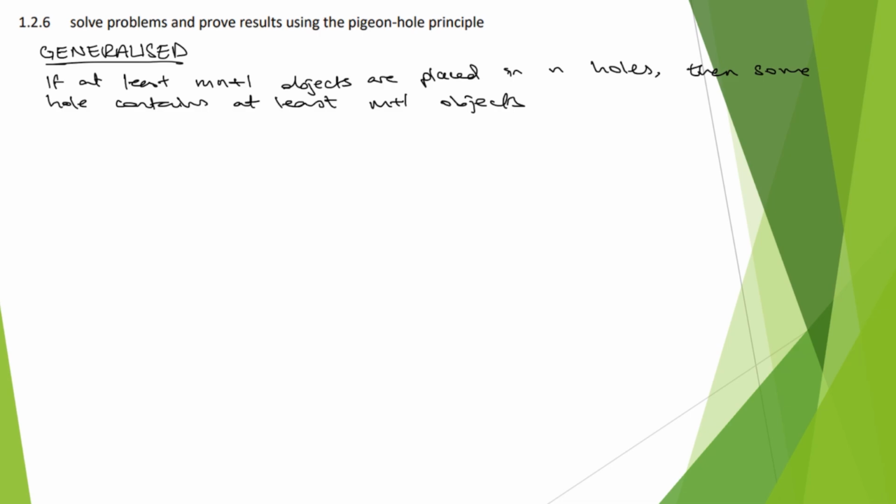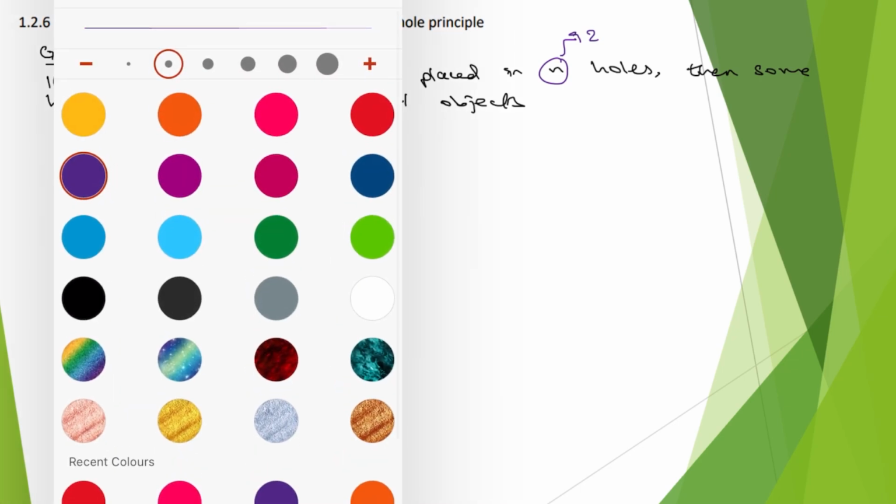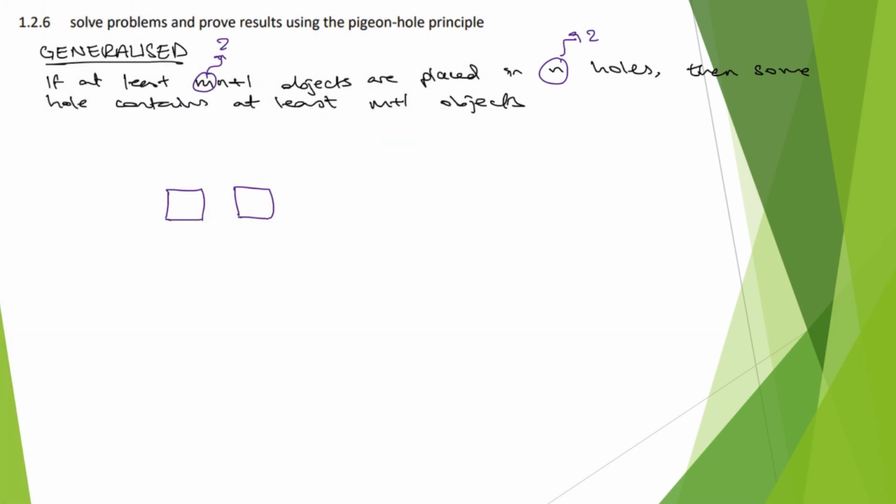Let's say, as aforementioned, we have our 2 pigeonholes, so our n in this case is equal to 2, and let's say our m is equal to 2 as well. So we would have 2 times 2 is 4 plus 1 is 5 pigeons. At least 1 hole will contain m plus 1 objects.